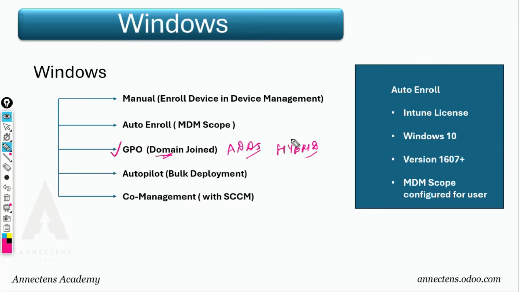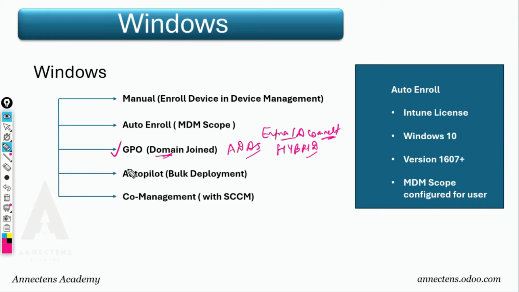In that case we require Entra ID Connect, which I hope you remember we did last session, to synchronize both the hybrid environment, on-prem plus Entra ID. In that case GPO is required.